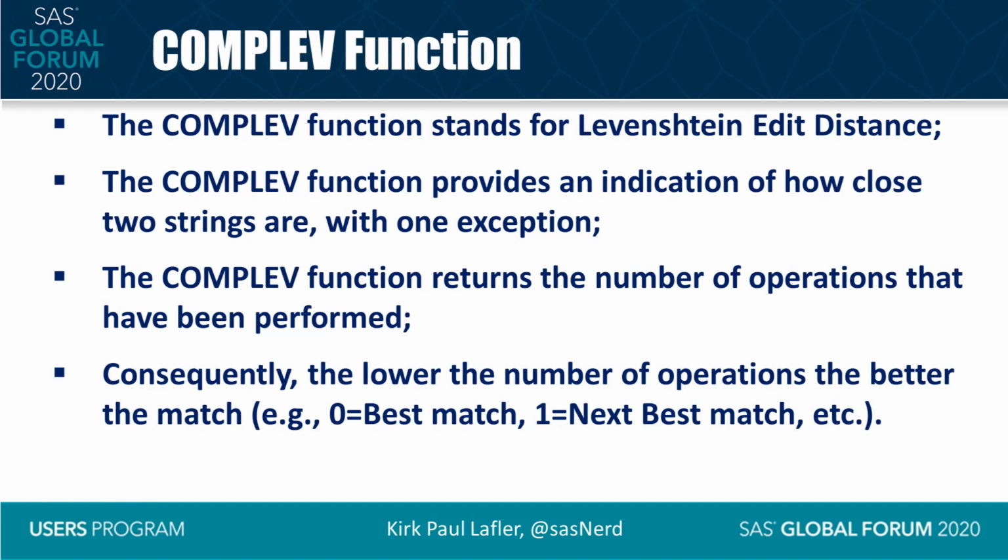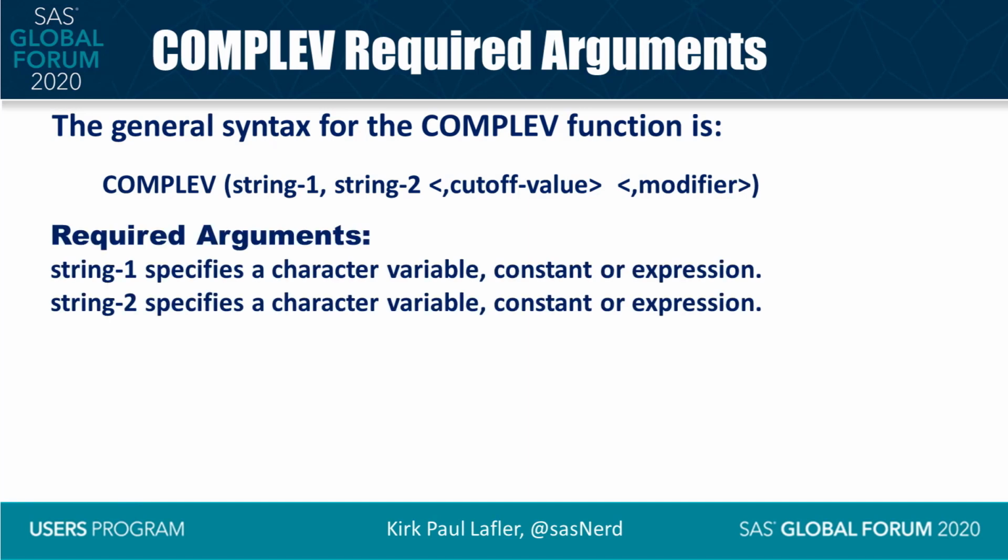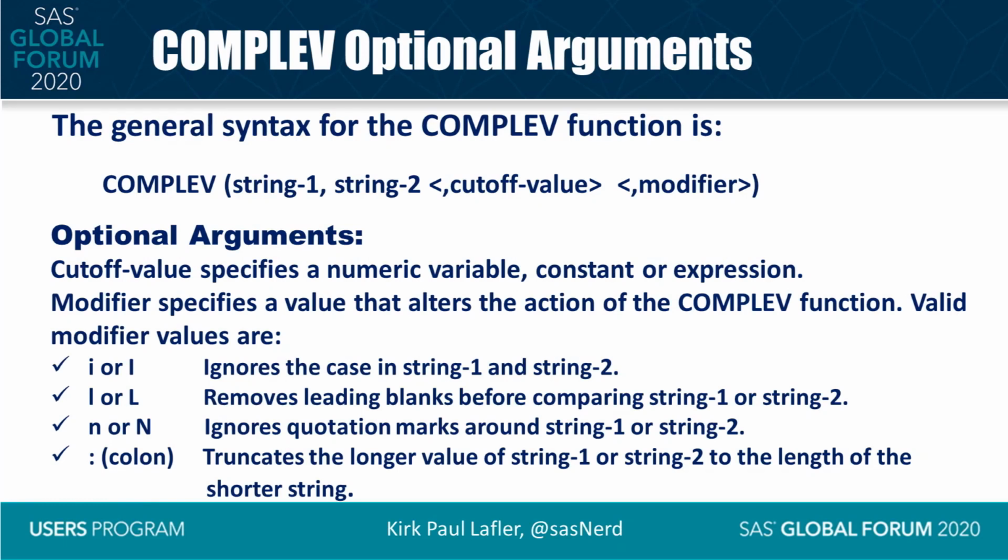The general syntax for the CompLev function is CompLev, string 1 and string 2, which are required, and an optional cutoff value and modifier. Again, the required arguments are string 1 and string 2, which essentially specify a character variable, constant, or expression. Now we're going to look at what the optional arguments are. The cutoff value specifies a numeric variable, constant, or expression.